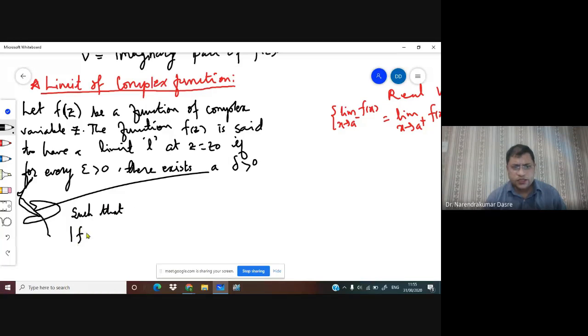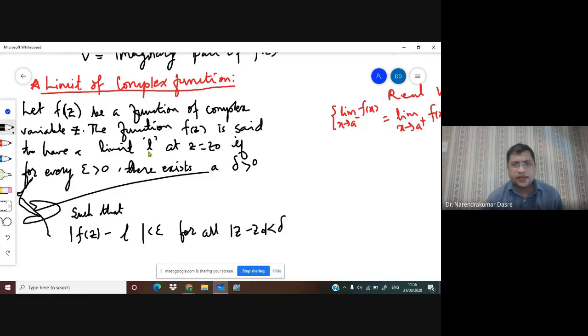the distance between f of z and L is less than epsilon, whenever the distance between z and z0 is less than delta.